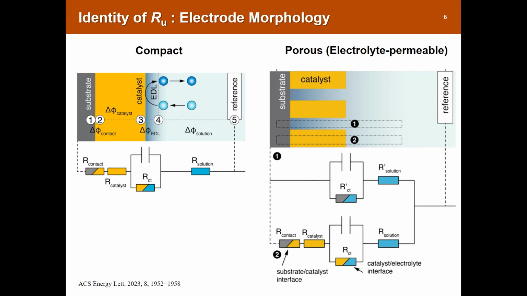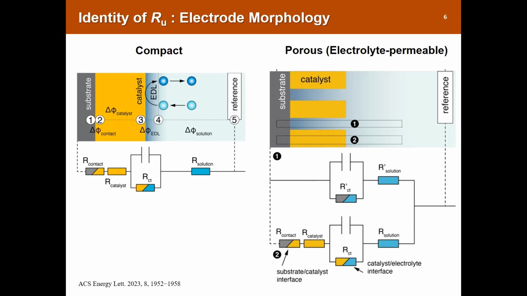You could simply be decreasing the charge transfer resistance through the catalyst, so you get a better current response. Whereas with the porous catalyst it would be easier to argue that you are improving the intrinsic activity. Or is it that as long as you do the IR compensation for both and account for the uncompensated resistance, it's fine? So, very good point.